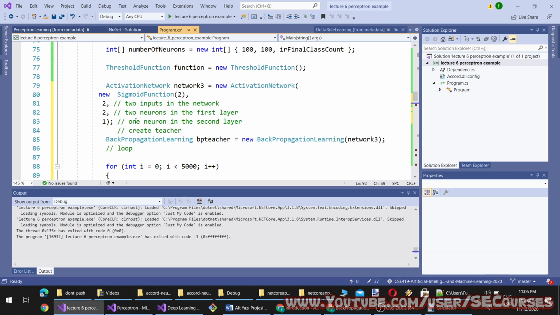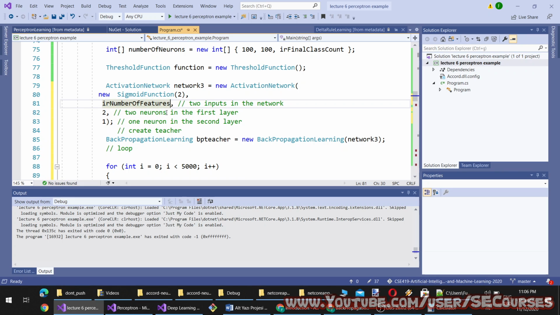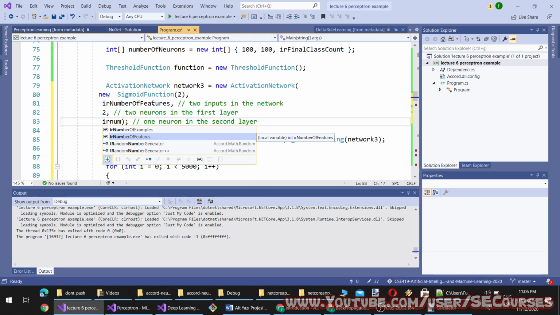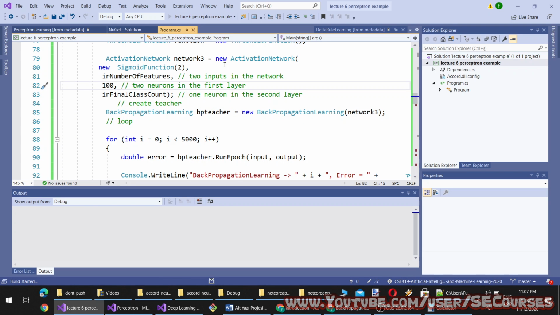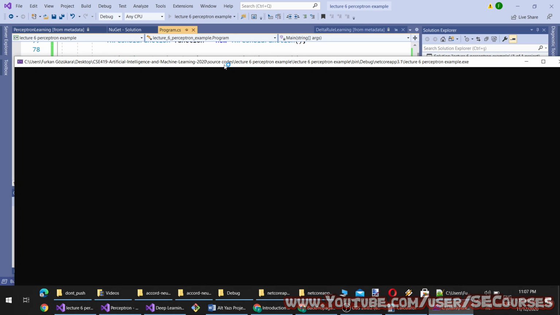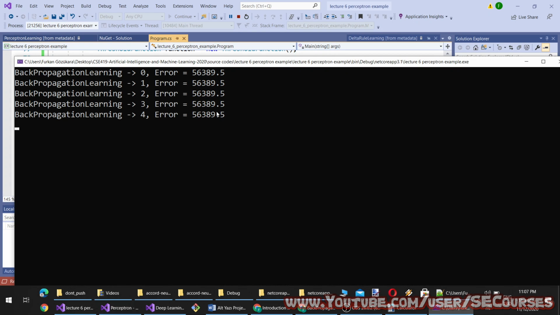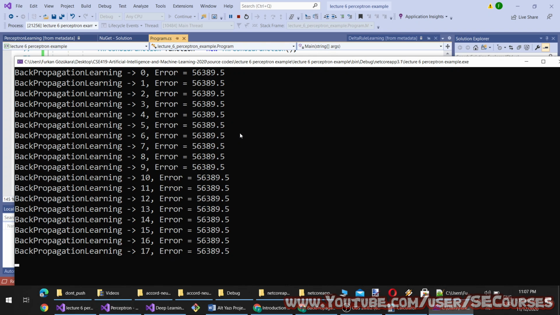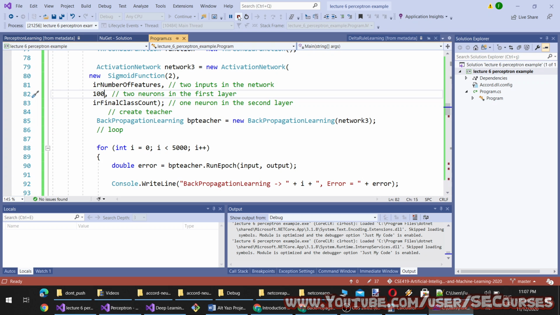So now we need to change these, of course. Number of features, 2 neurons in the first layer, second neuron. Okay, number of classes in the final, and let's make it 100 to see. Okay, the backpropagation network is also very slow.